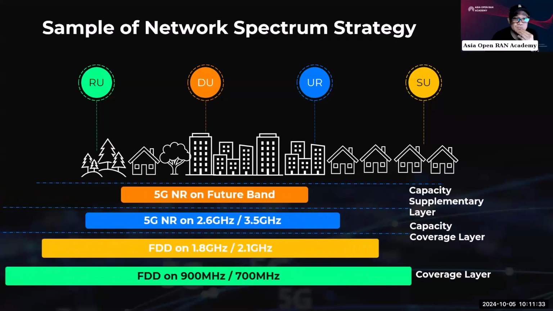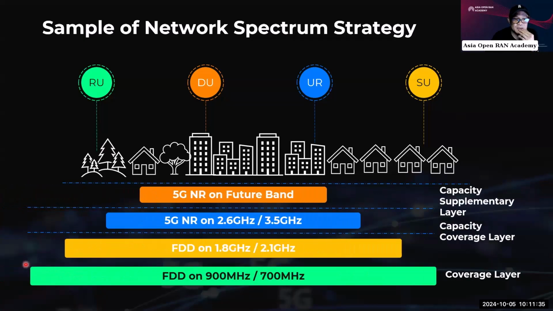So what you can do is you can deploy FDD, LTE or 5G 900 or 700, depende sa frequency available sa operator. And then if you have FDD 1.8, you can use this, 2.6, 3.5, and NR for future band. So this is the logical or practical implementation of 5G frequencies.